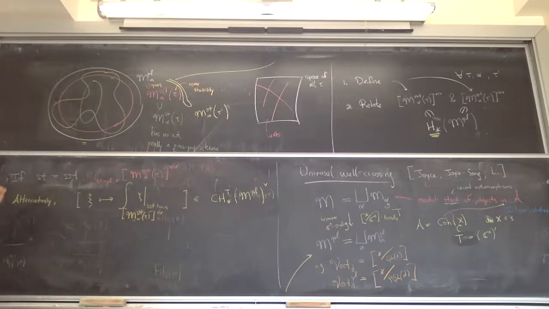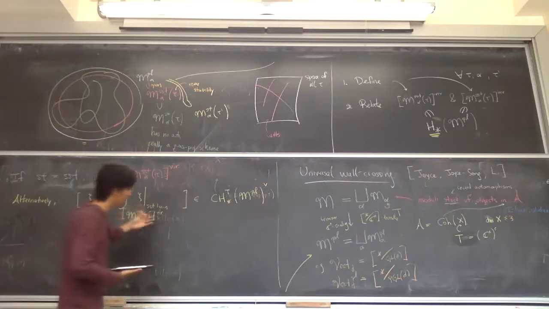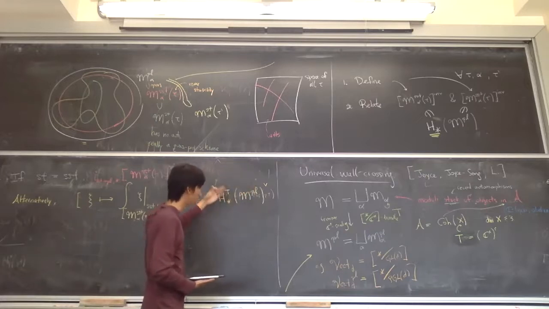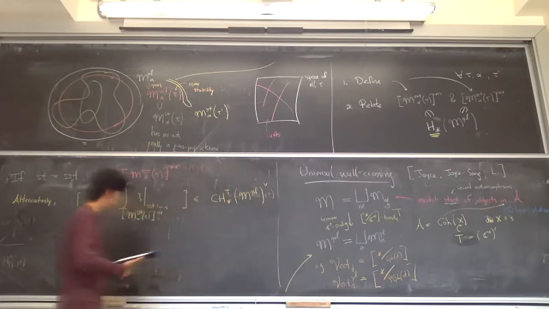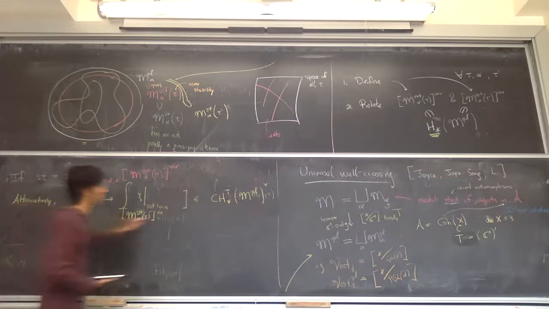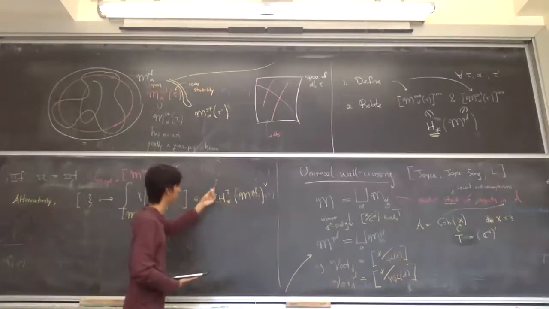And so this kind of object is something which lives in some kind of formal dual of the Chow group, maybe equivariantly of the stack itself. Okay. C lives in Chow homology.